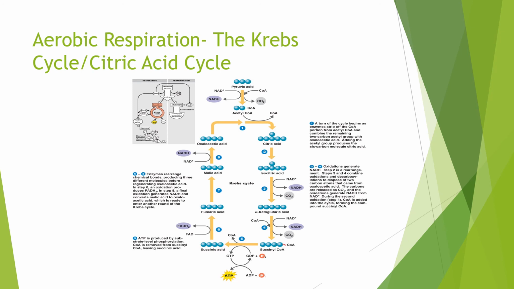Then we move on to the Krebs cycle, or the citric acid cycle, if there is enough oxygen in our system. If there isn't enough oxygen after glycolysis, we are going to start fermentation, where we convert our pyruvic acid into lactic acid. But if there is enough oxygen, as I said, we move on to the Krebs cycle.